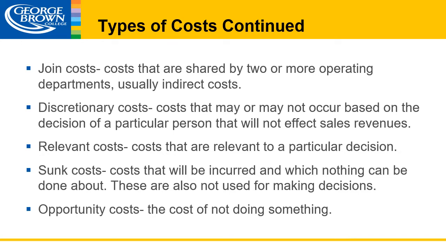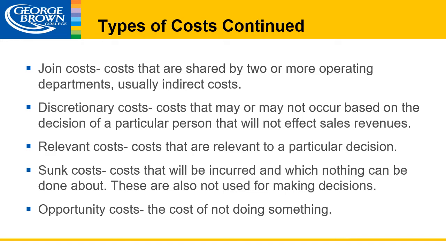A lot of losses are examples of sunk costs, and what you'll find is that if you use sunk costs in making decisions about, you know, whether to repair a piece of equipment versus buy a new piece of equipment, it could lead you to a financially irresponsible decision. Okay, so we really need to understand the difference between the two, and I'll show you through an example how we can make a differentiation.